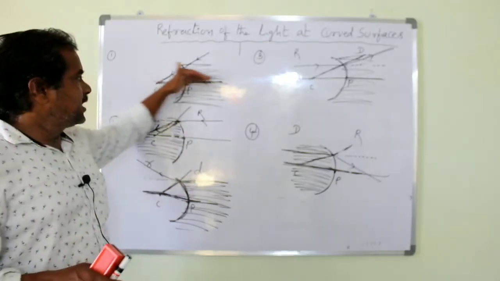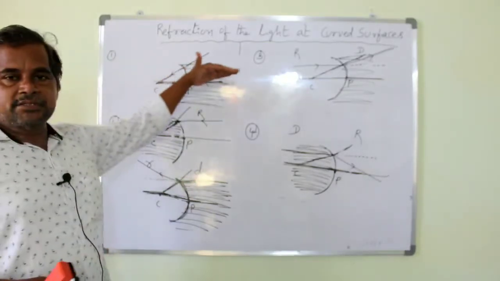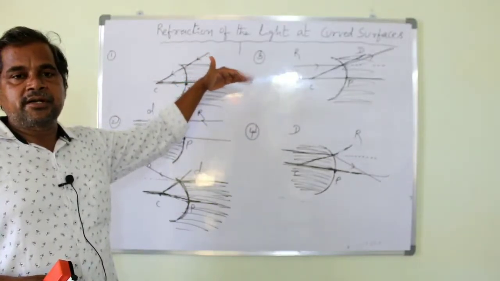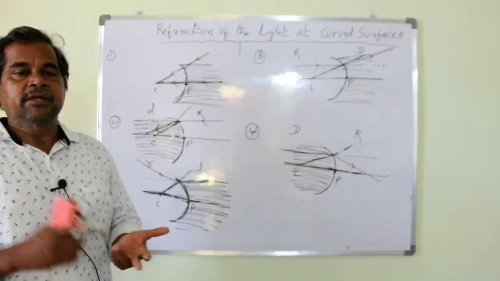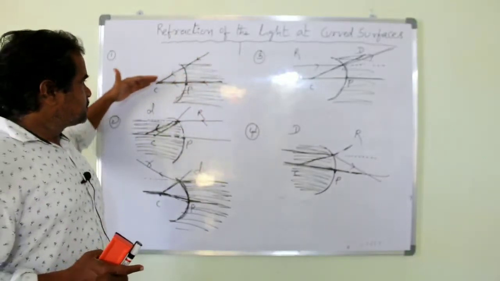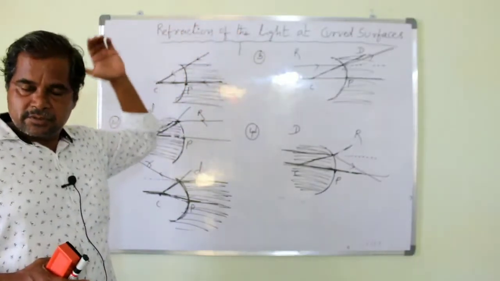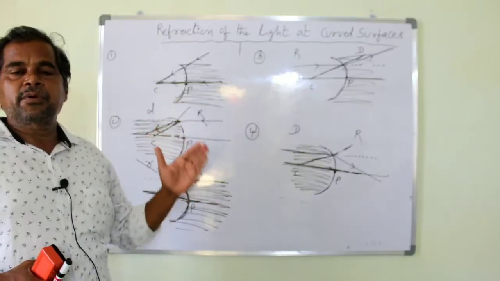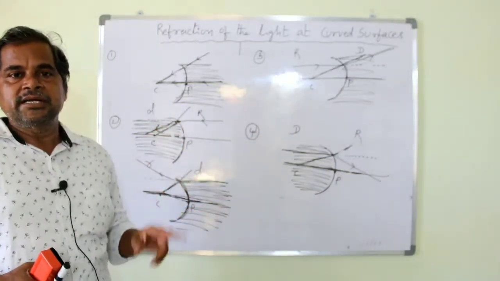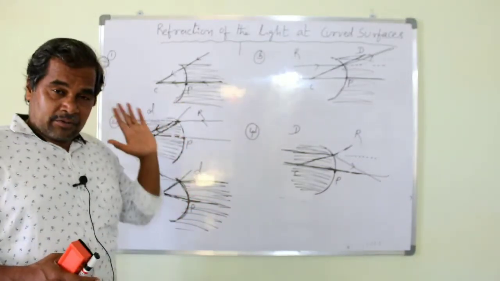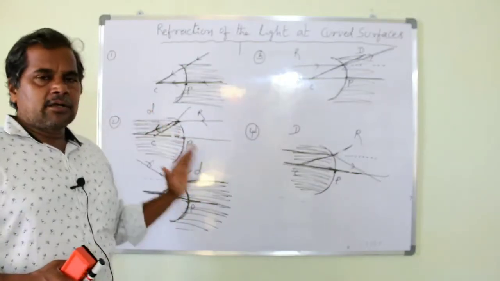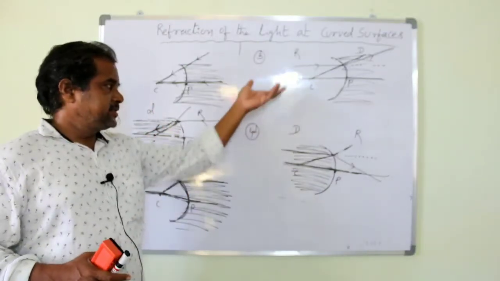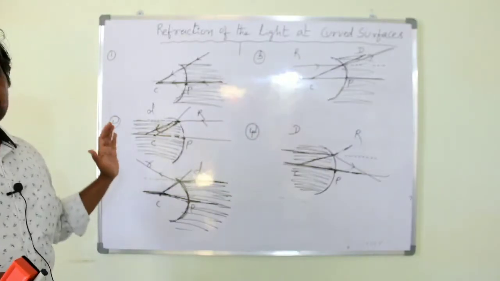It means if any light ray moves along the principal axis, the corresponding refracted ray doesn't deviate its direction. Next, any light ray which moves along the radius of the curved surface, the corresponding refracted ray also doesn't deviate its direction.